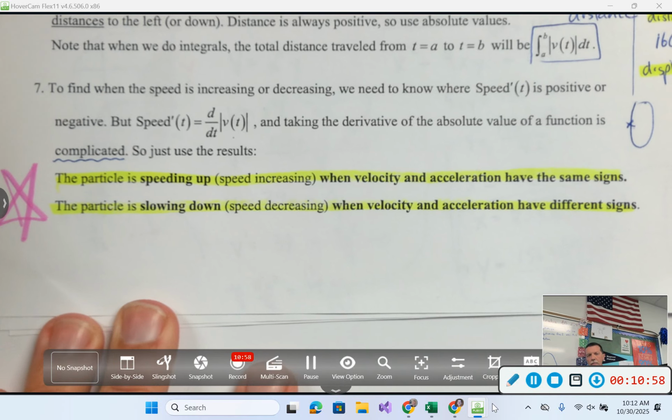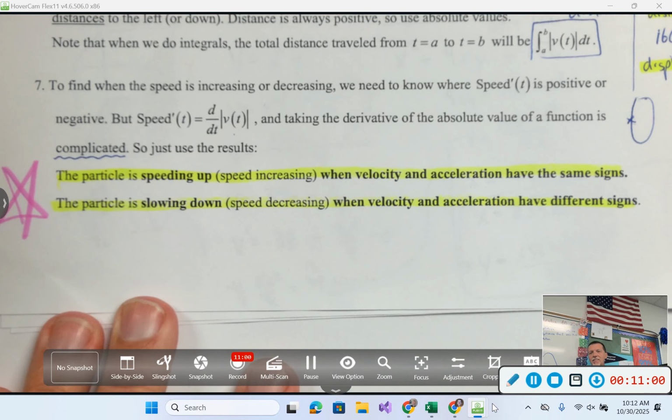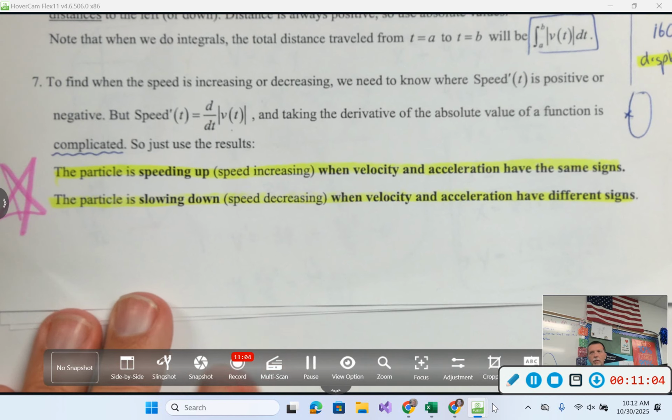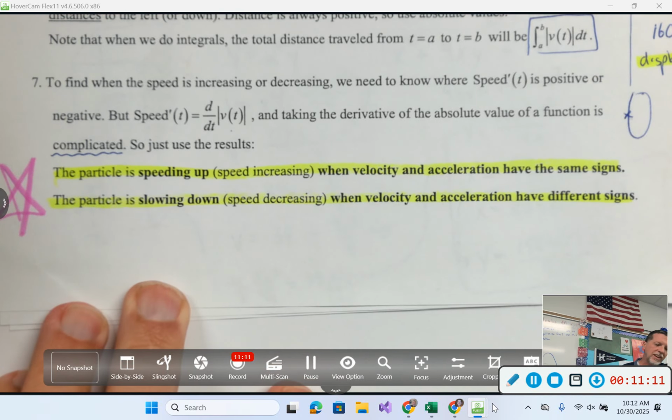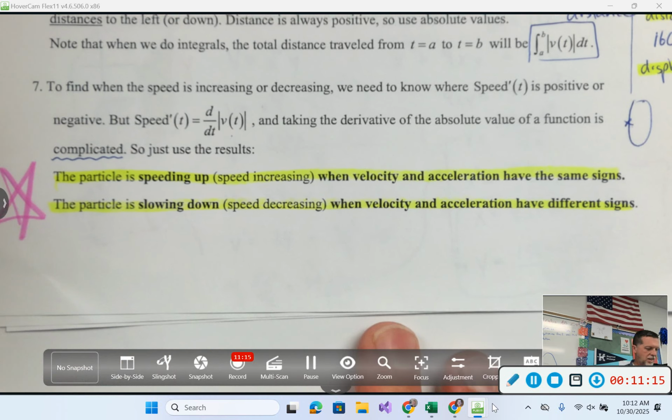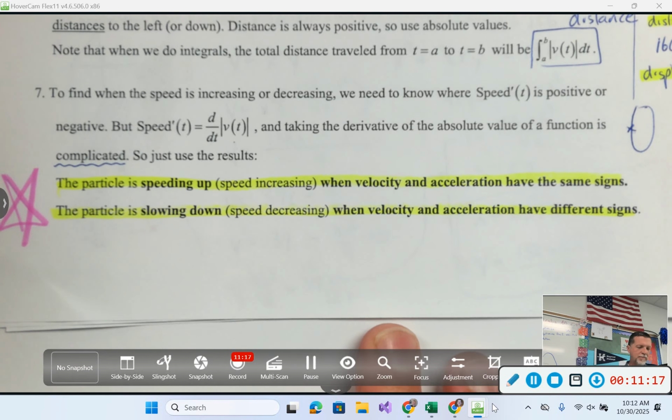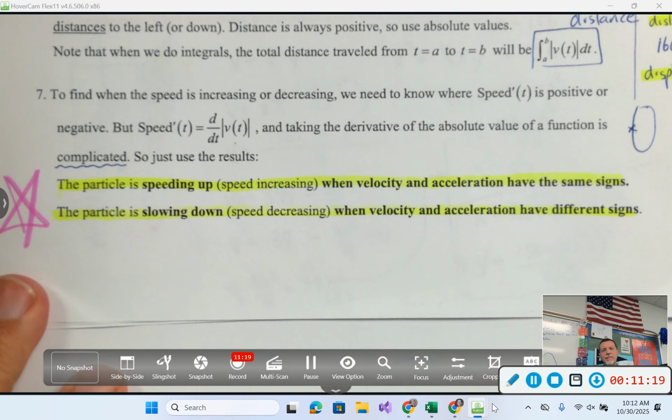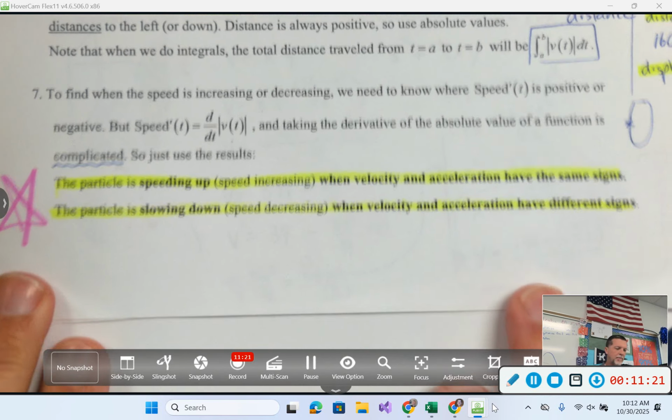Particle is speeding up when velocity and acceleration have the same signs. They're working together, so you're going faster. The particle is slowing down when velocity and acceleration have different signs. Let's think about this.